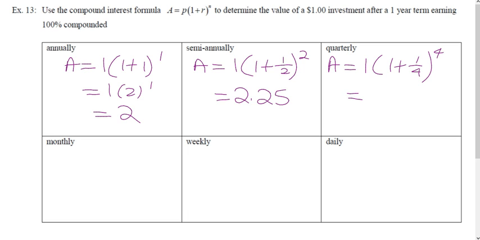So, I've done the math so you didn't have to. We get $2.4414, etc. Got $2.44. All right, this is looking better. We started at $2, so we got 2 1/4. Monthly. So monthly, how many times would you get paid?